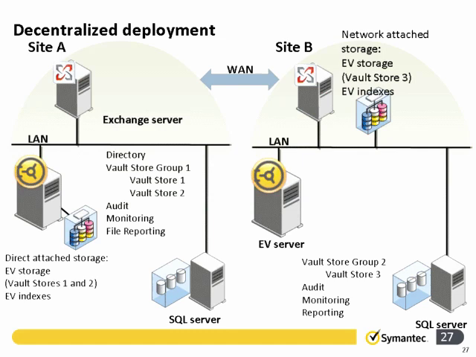So in this example, we've got our Enterprise Vault and SQL server, as well as one Exchange server in Site A, and in Site B, we have an Enterprise Vault server, an Exchange server, and some local storage for our Enterprise Vault server partitions and indexes.